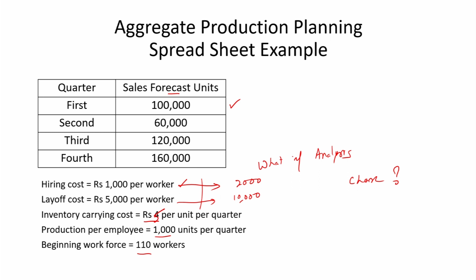So, even if my demand scenario changes, you can see which particular strategy is good. If there is a change in the production per employee, or a change in the cost of carrying inventory, you can examine its impact on the different strategies. Or if subcontracting is also included in this, then you can see that also.